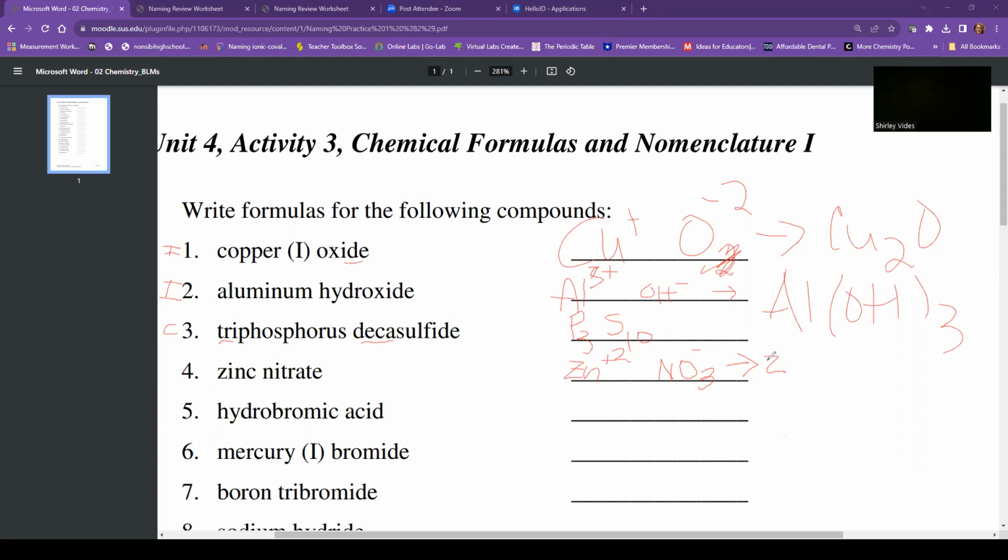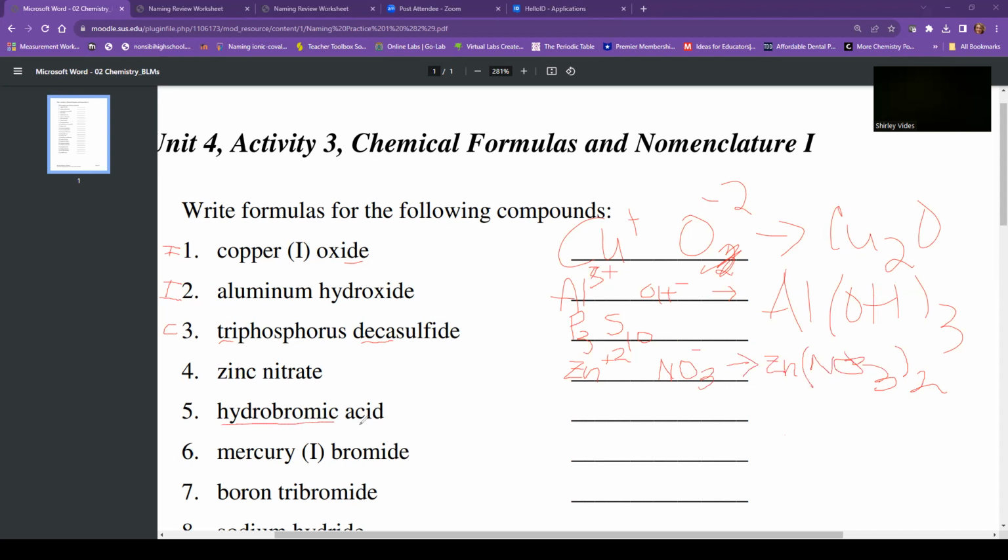So the zinc doesn't need a subscript, but the NO3 needs its parentheses. See, NO3 is one thing, so you multiply it by 2.